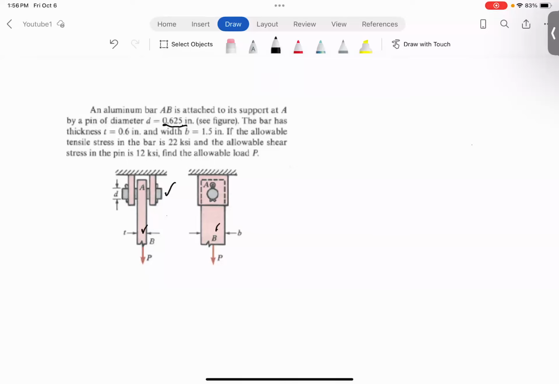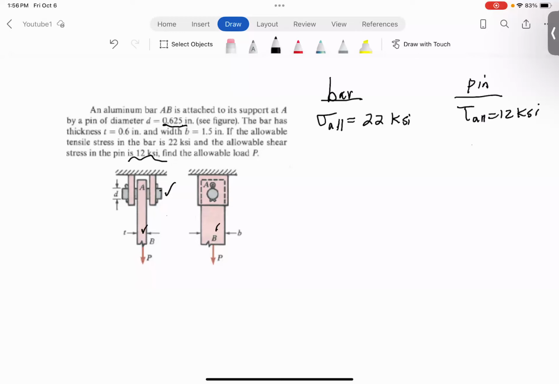One restriction set on the strength of the bar itself, and one restriction set on the strength of the pin. So for the bar itself, we are given that the allowable tensile stress, which is the maximum stress that this bar can take, is 22 KSI. That's 22,000 PSI. And for the pin, the strength of the pin is 12 KSI. So the allowable shear stress is 12 KSI.